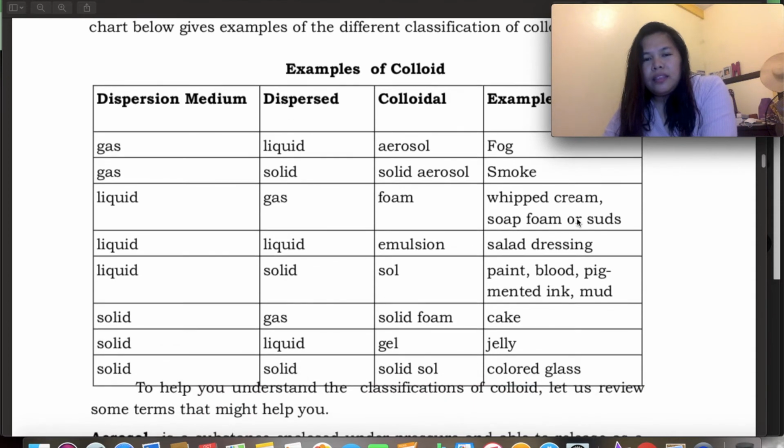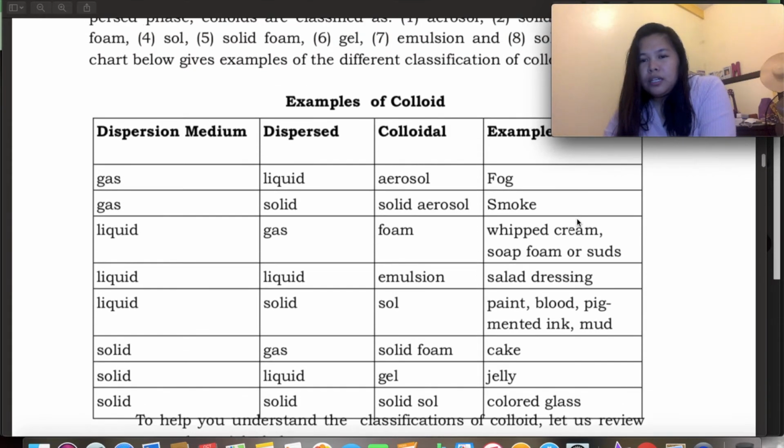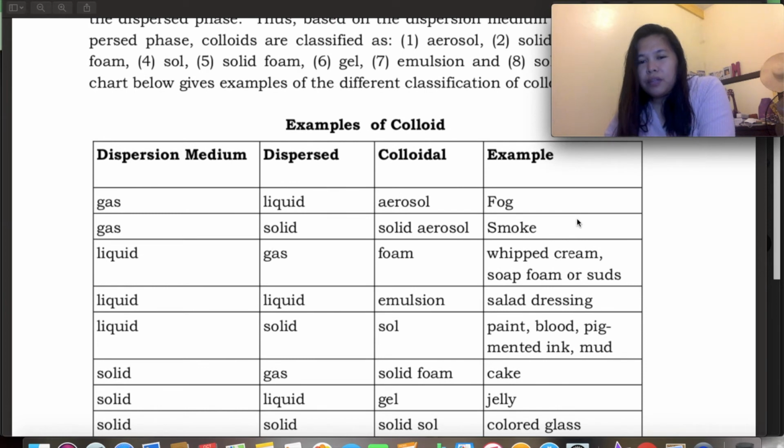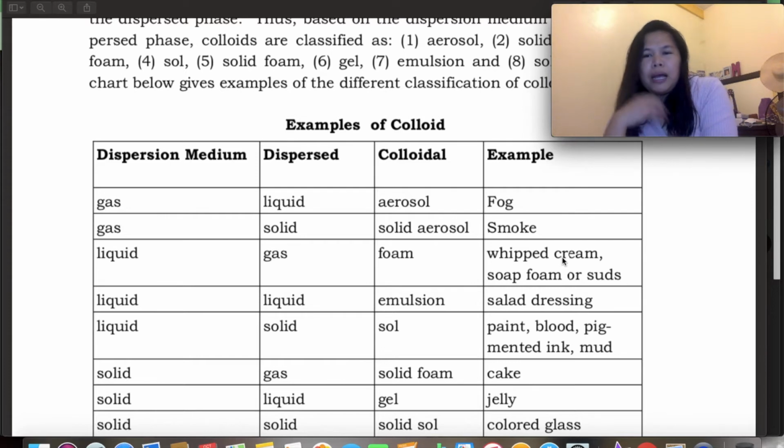And then next, liquid, the dispersion medium, the dispersed gas. Then the colloidal is the foam. The examples are whipped cream, which we always eat. Soft foam or suds. It's at Starbucks, in coffees with whipped cream. Basically, anything with whipped cream.